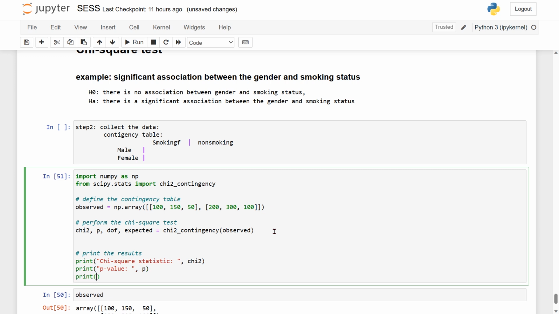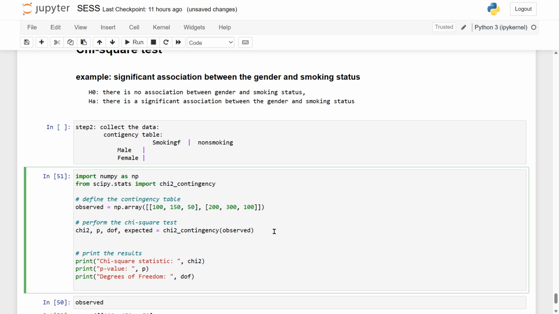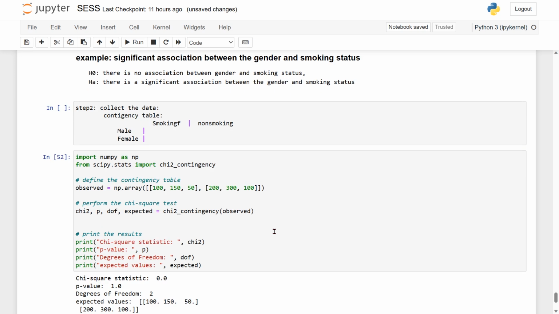Then print degrees of freedom is our DOF. Then print expected values is expected. That's it, all set, all done.